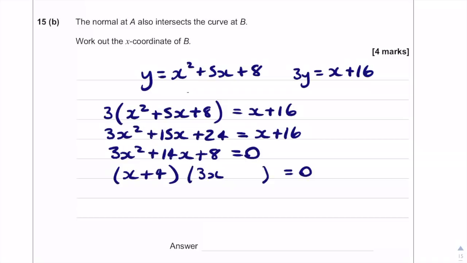So this must be 2, because if this is 2, then we'll get 4 times 2, which gives us the 8. So the solutions to this equation are going to be x equals minus 4 or x equals minus 2 over 3. Well, we know x equals minus 4 is the coordinate of A, so the x coordinate of B must be minus 2/3. So x equals minus 2/3.